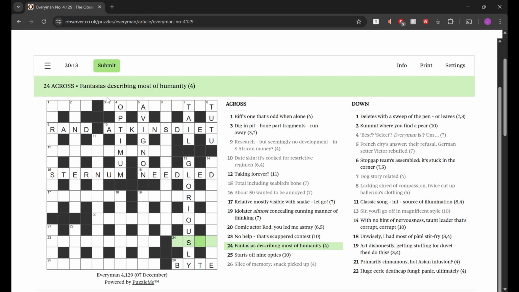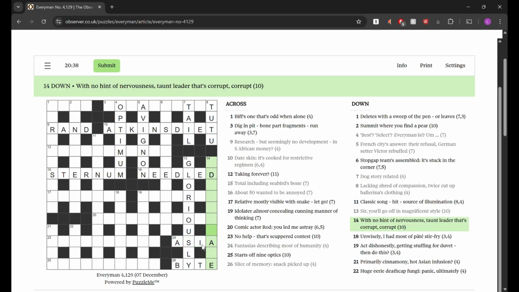Let's go 24 across. Fantasia's describing most of humanity. Asia? That's where the majority of the Earth's population live, and we've got Asia inside of there.